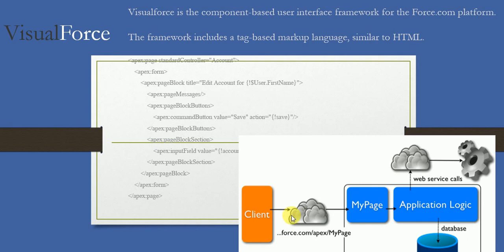Then that page will call the controller and the database and all that, so that is the connection. The client needs to use only /apex/pagename, and this will always be called by this. Okay, and how it is working I will tell you in the next slide.